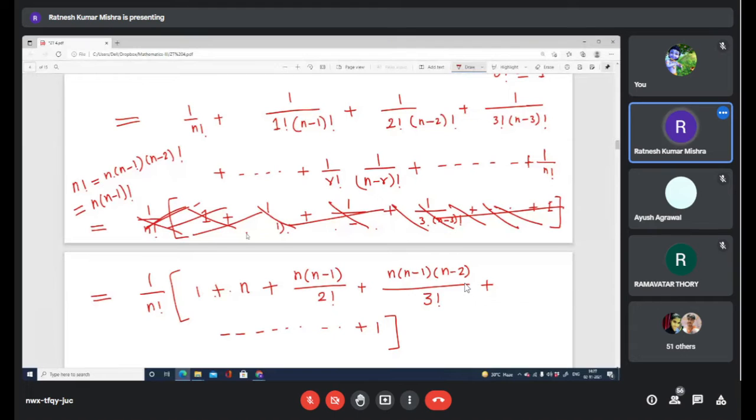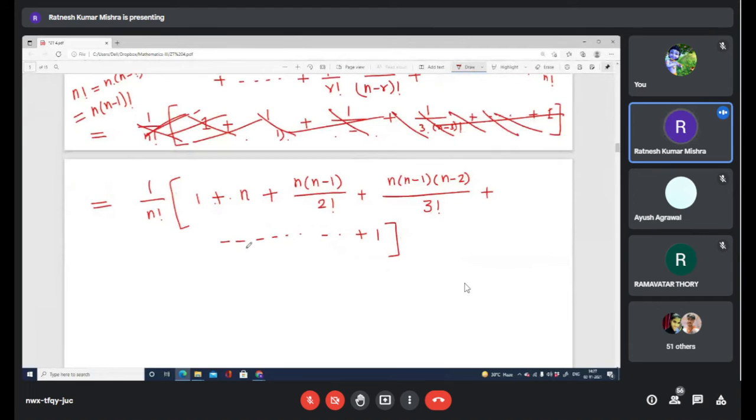Now this is correct. So now this is 1 by n factorial. First one is nC0, second one is nC1, this is nC2, dot nCr, dot plus nCn. So what is this one?